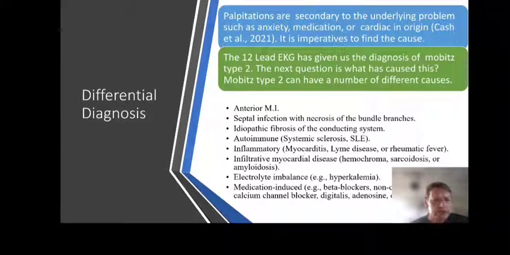Some are anterior MI, septal infarction with necrosis, idiopathic fibrosis of the conduction system, autonomic causes, SLE, inflammatory myocarditis, electrolyte imbalance, and medication-induced causes such as beta blockers and digitalis.